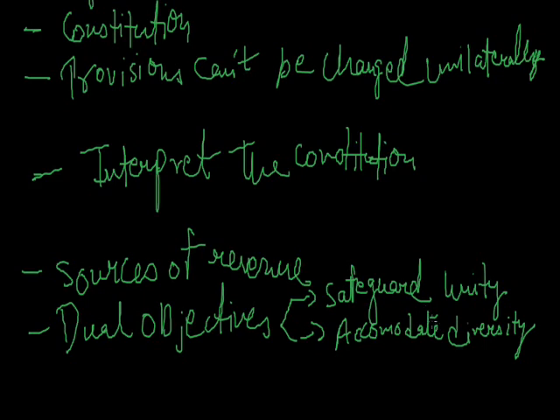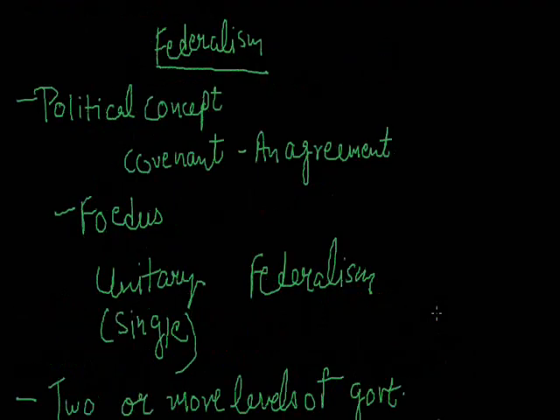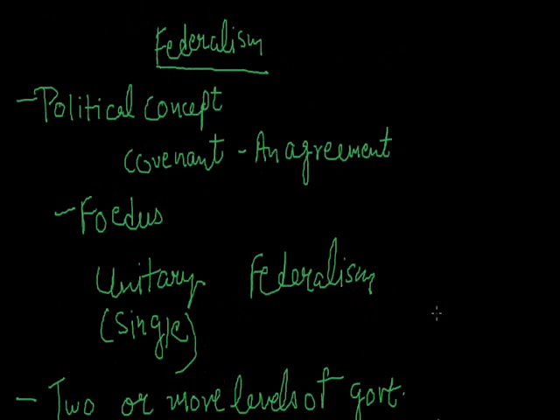Okay, so let's revise once before we move to the different types of federalism. As we have discussed till now, federalism is a political concept in which a group of members are bound together by a covenant. A covenant is an agreement between two or more people to do or not to do something. Federalism is derived from a Latin word fidus.